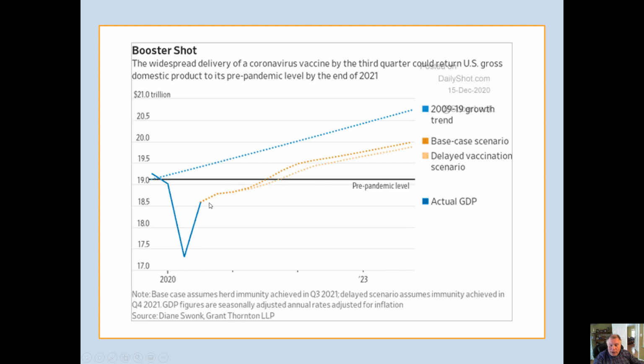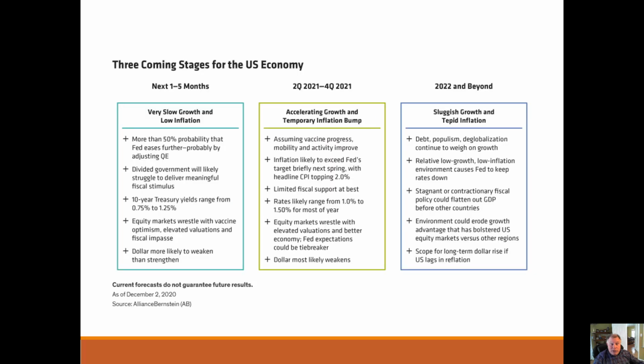And if we actually have a base case scenario versus a delayed, we can actually see that we're falling behind. Okay? So we could get back, as we move into 21, to some pre-pandemic level here. Okay, so that's a recovery to that point. But it's going to be slow, with a lot of variables coming into place.